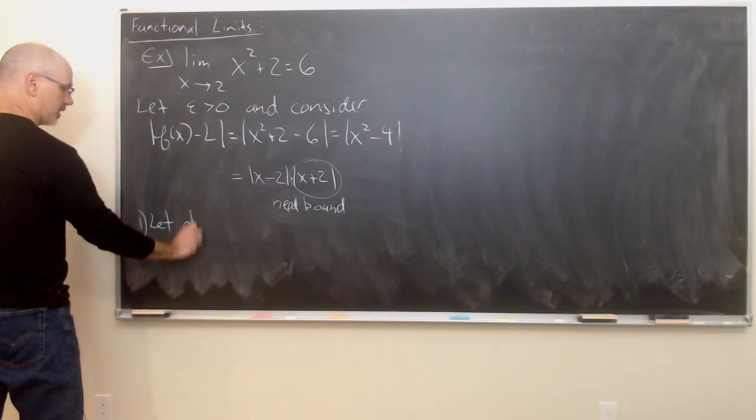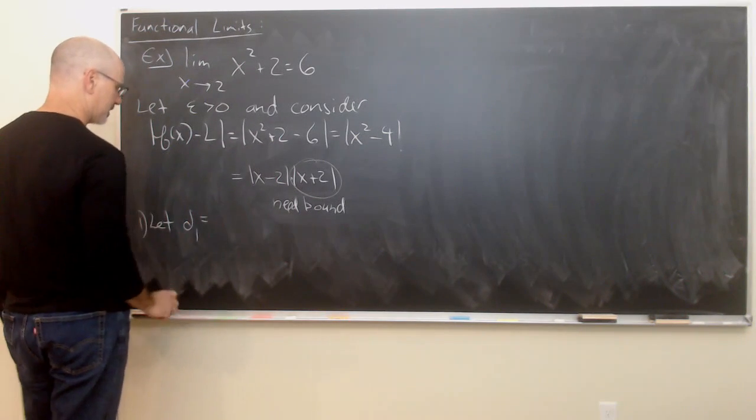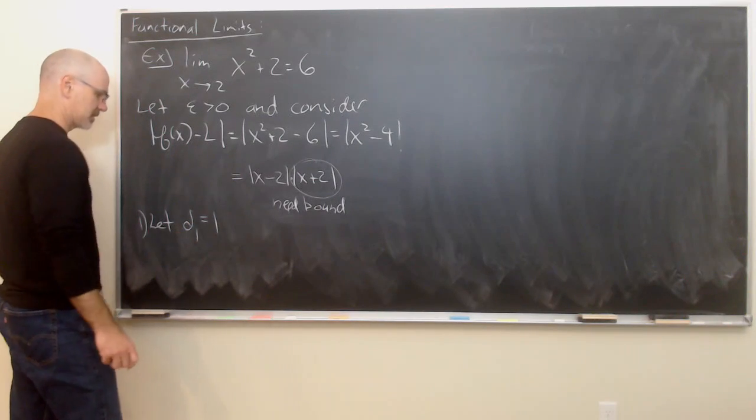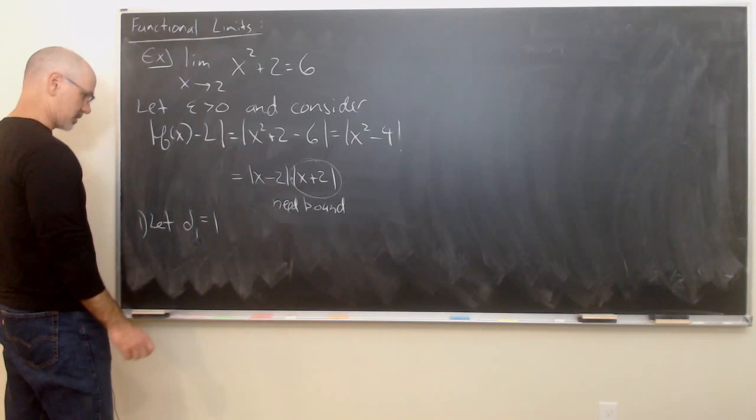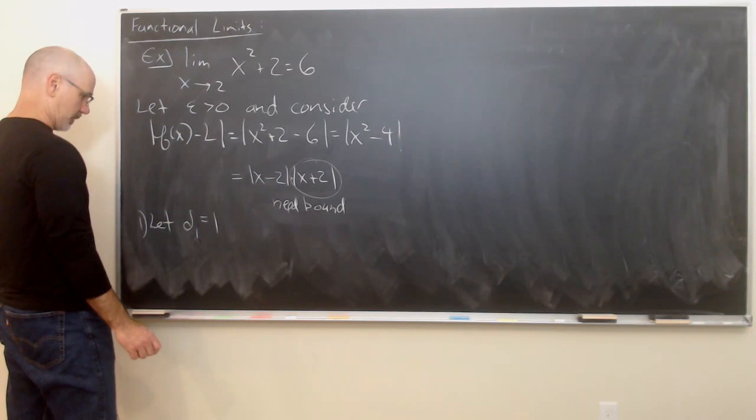All right, so let's let delta 1, really it can be just about anything that's a fixed number. 1 is easy to work with. So delta 1 is going to be 1.